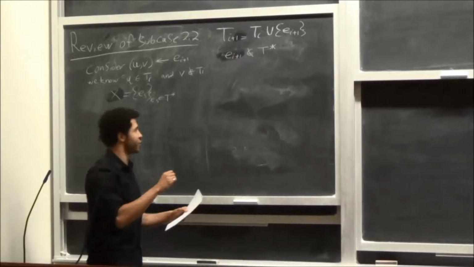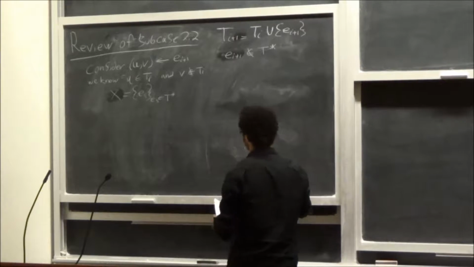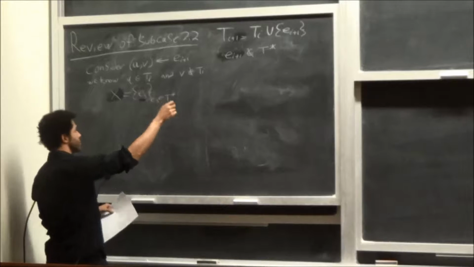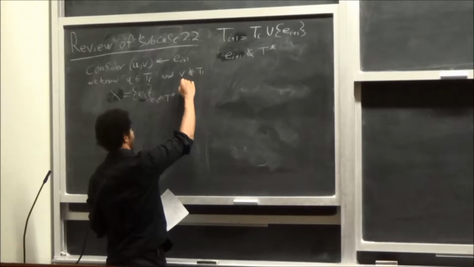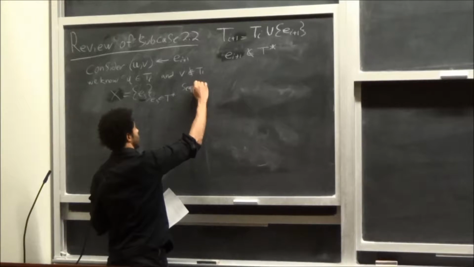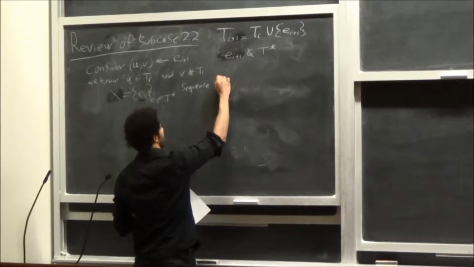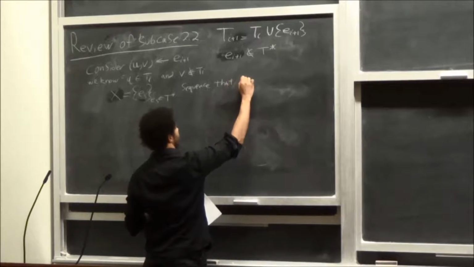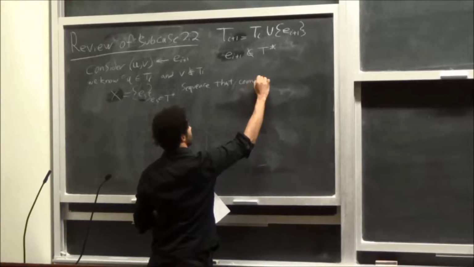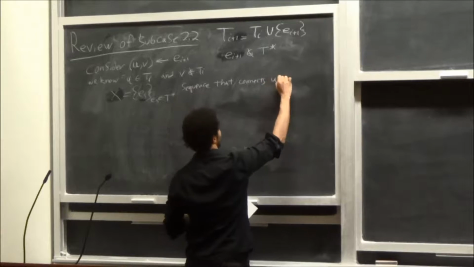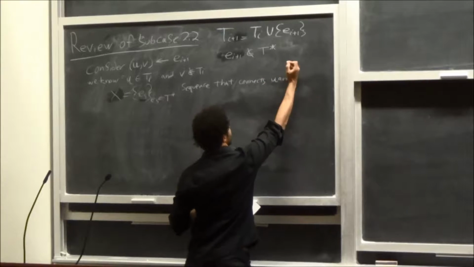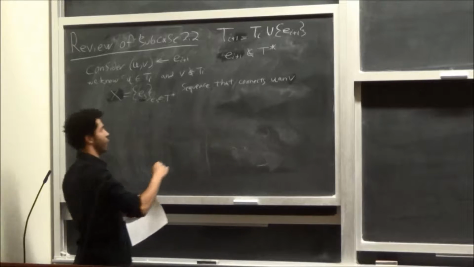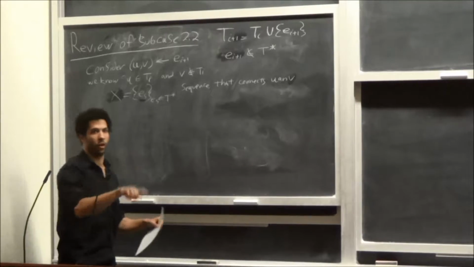And I briefly mentioned in passing, although I hadn't written it down, that these e_s, this sequence, is the sequence that connects u and v. And it could be many elements. It could be a long chain.